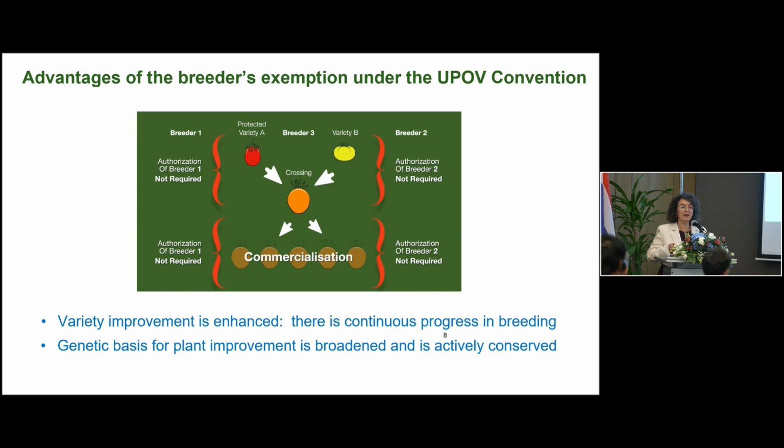On the other hand, the breeders make the varieties available, because they are in the market, for further breeding. So there is constant breeding from the best. That's the whole idea. The more incentives to develop varieties, the more varieties are protected, the more varieties in the market, and the more these varieties can be used for further breeding.